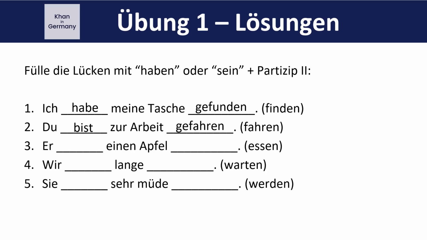What will he do? We talked about when there is no movement, the helping verb haben will be used. For er, we have talked about conjugations in my video number 3 or 4. I think it's number 4 in this A1.1. Er hat einen Apfel gegessen.